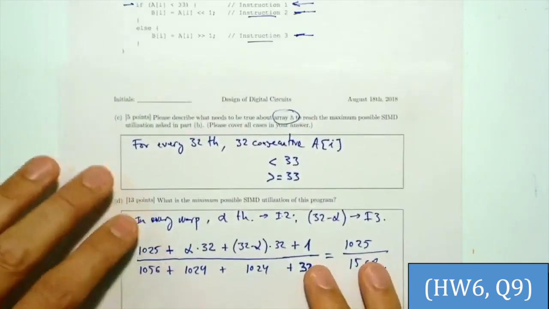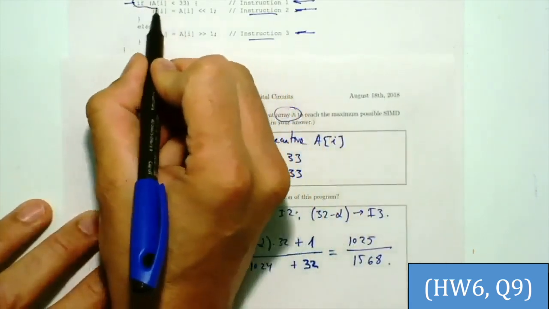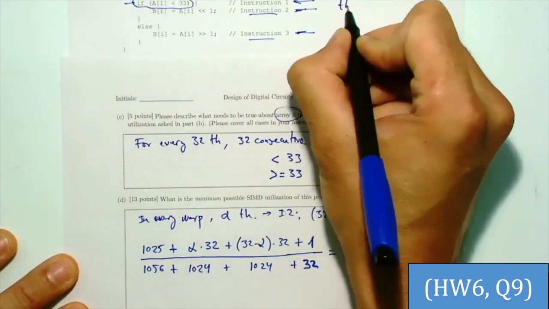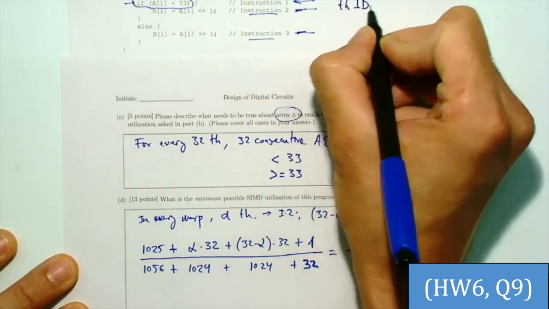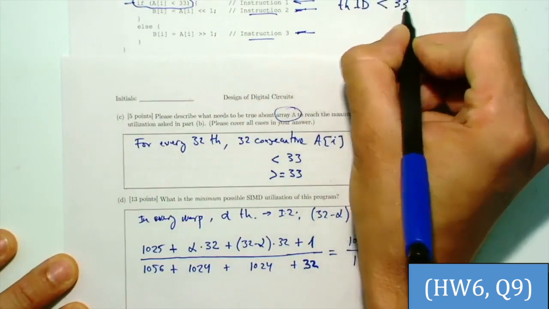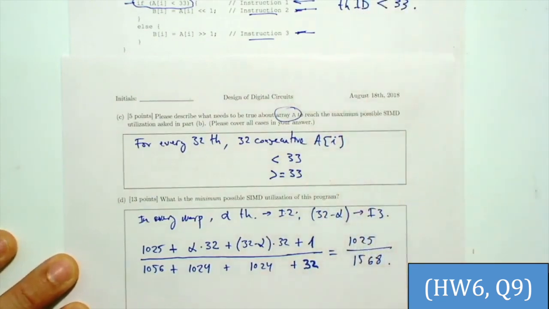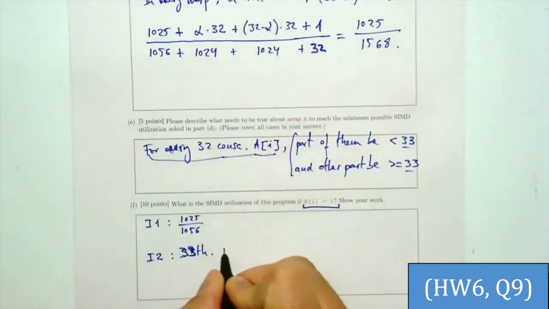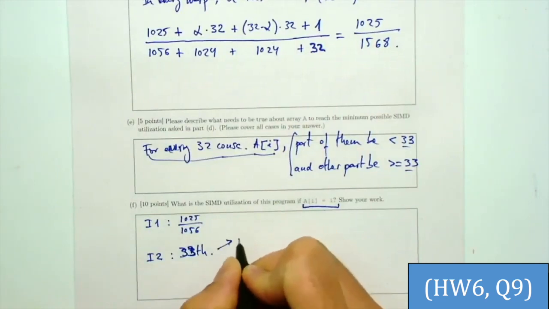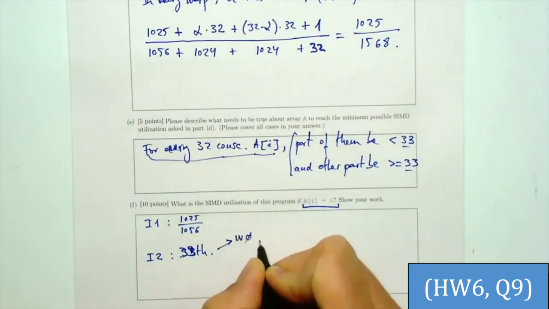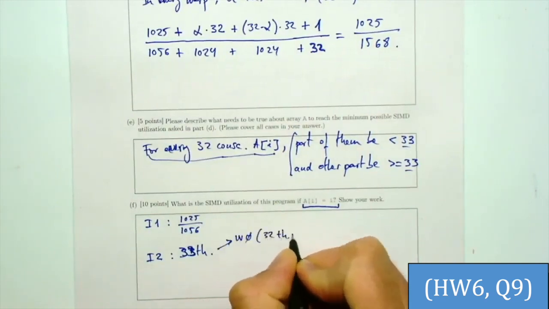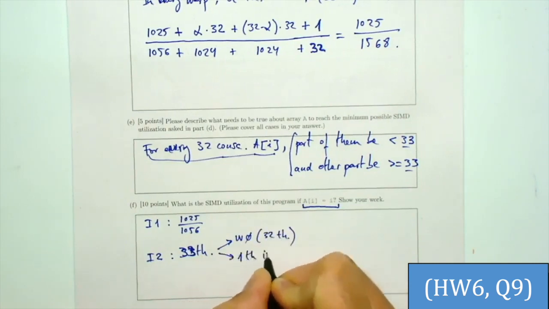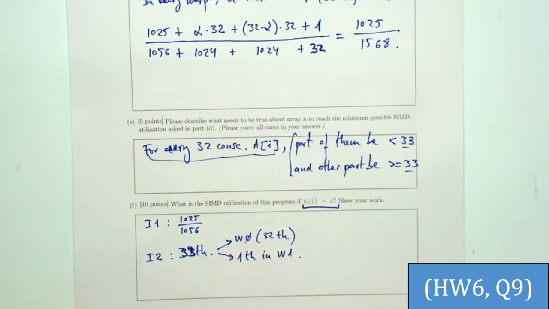Why is that? Because this condition here, the if statement, is only going to be true for threads with a thread ID lower than 33. So there are 33 threads that will execute instruction 2, and notice that this is the entire warp 0 composed of 32 threads plus one thread in warp 1.